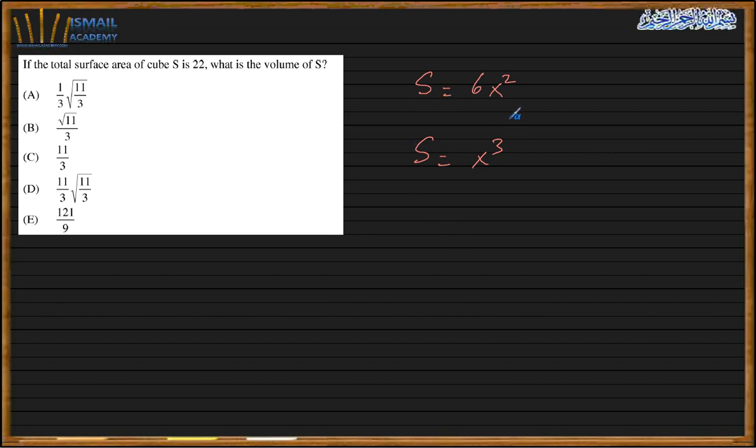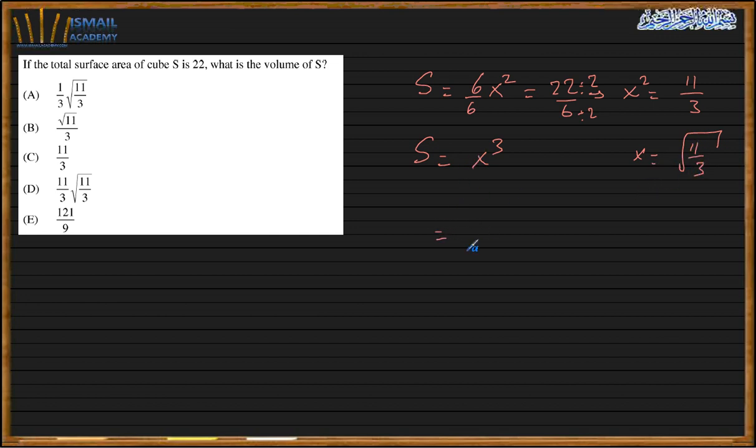All right, so we know that this is 22, so divide by 6. So I got x squared is 11 over 3. If I simplify, divide this by 2, divide this by 2, then I take x as the square root of 11 over 3. Then substitute x here.